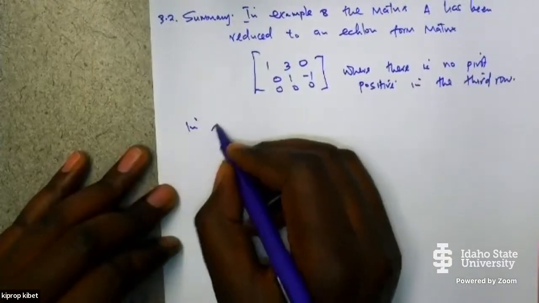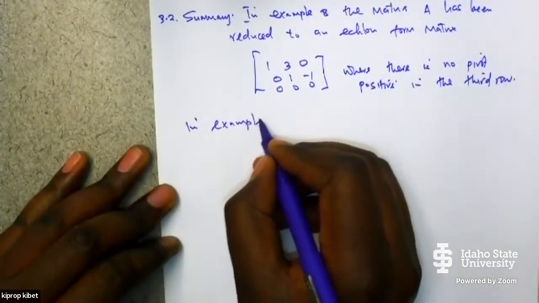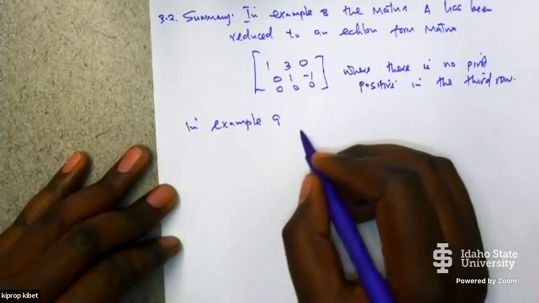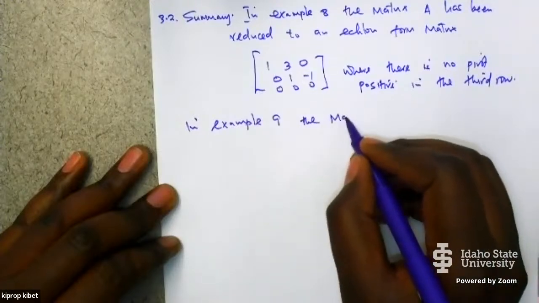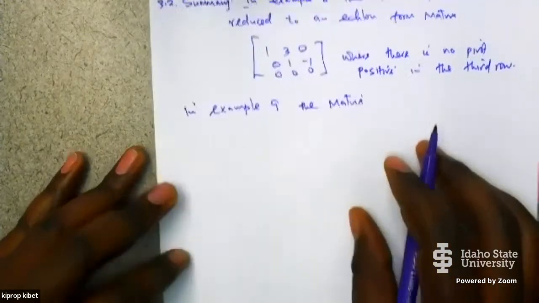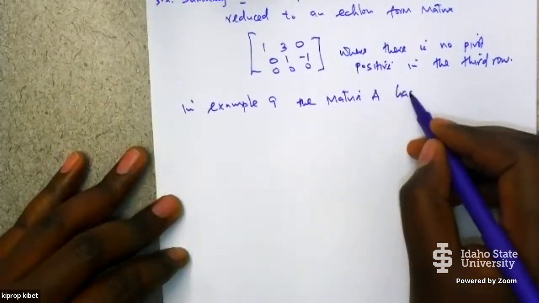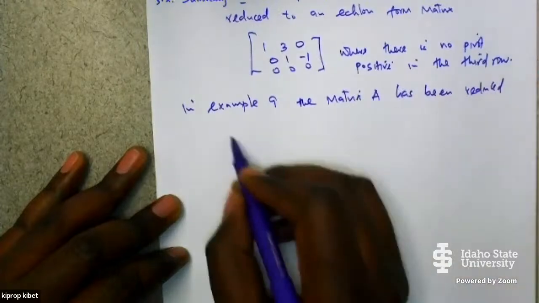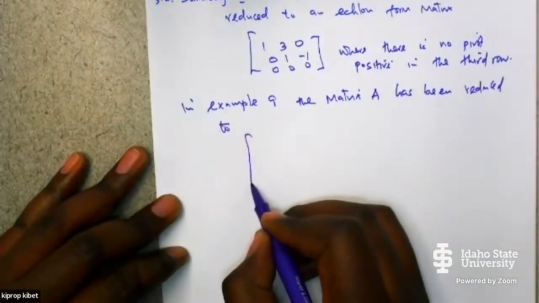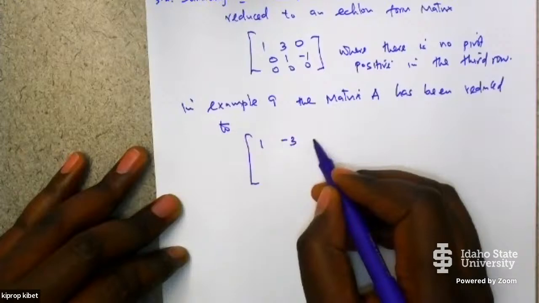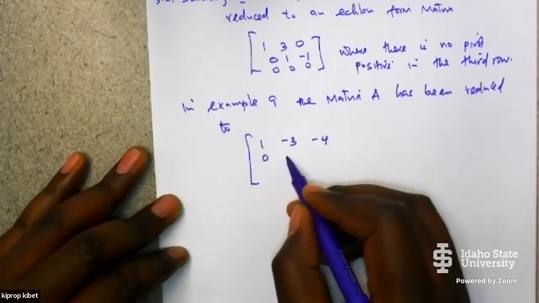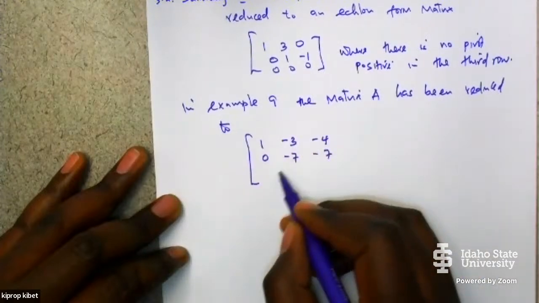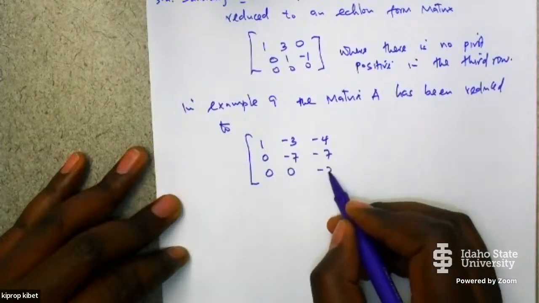And in example 9, the matrix A has been reduced to 1, -3, -4, 0, -7, -7, and then 0, 0, -2.